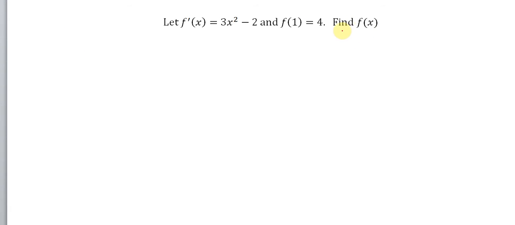And as before, in the previous video, we are going to look for not the derivative, but rather the antiderivative in this case, right? Because we're given f prime and we're asked to find f.